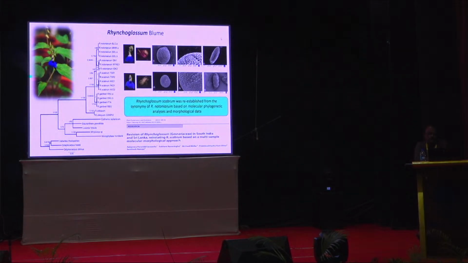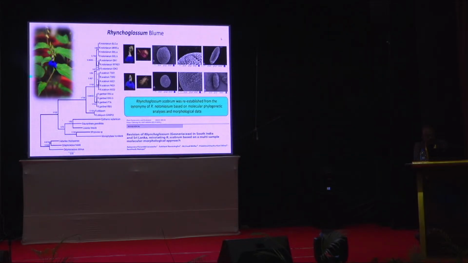Now this is another plant we worked on earlier, Ringoglossum. The genus is represented by 5 species in India: we have 3 species in South India, while 2 are in Northeast India. At the same time, we collaborated with Subani in Sri Lanka and also with Michael Muller at RBG.